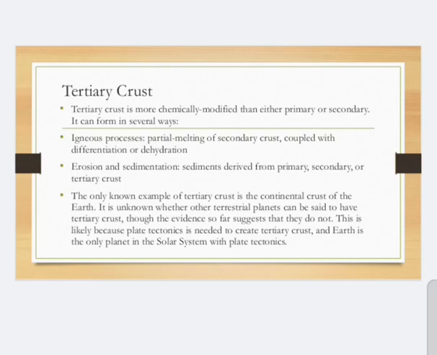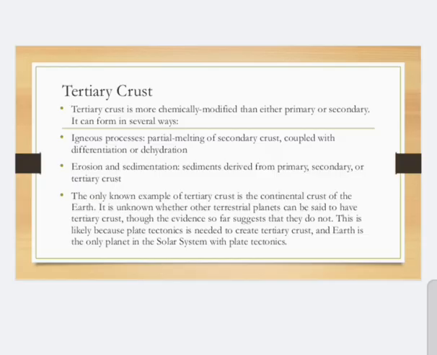The third type of crust is the tertiary crust. Tertiary crust is more chemically modified than either primary or secondary crust. It can be formed in several ways: igneous processes, partial melting of secondary crust coupled with differentiation or hydration, and erosion and sedimentation, with sediments derived from primary, secondary or tertiary crust.